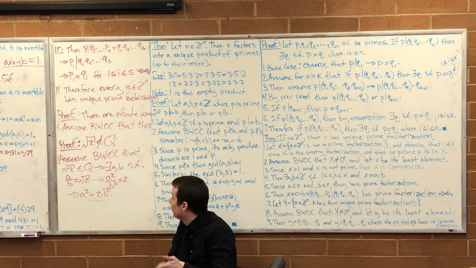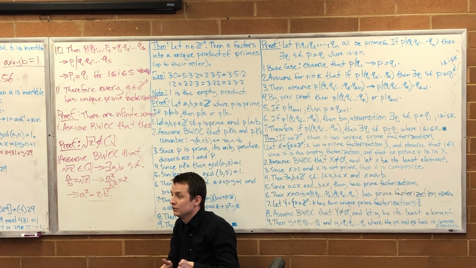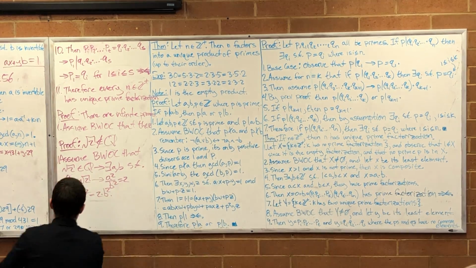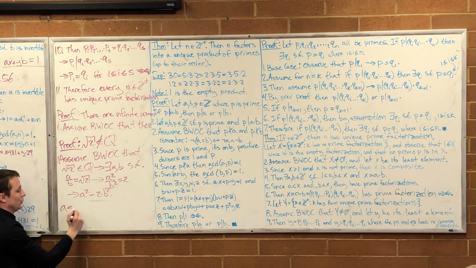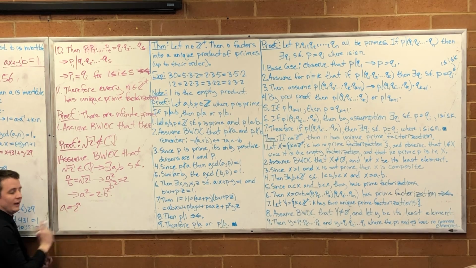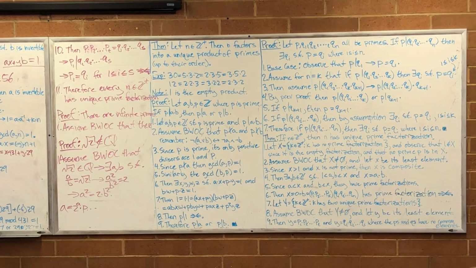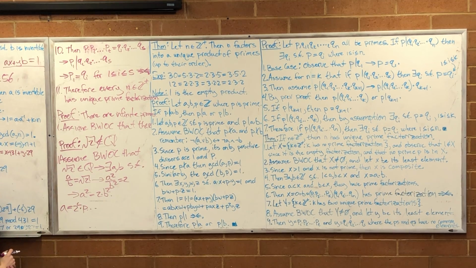Let's say that a is equal to 2 to some integer c times some other primes as a prime factorization. We already used a, so we have to use c.